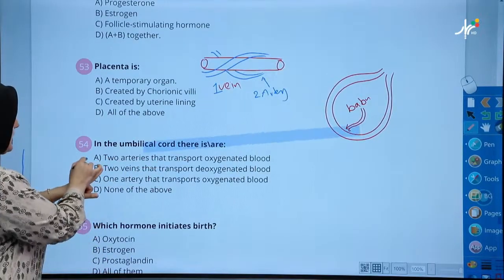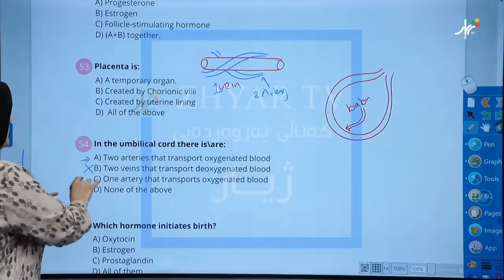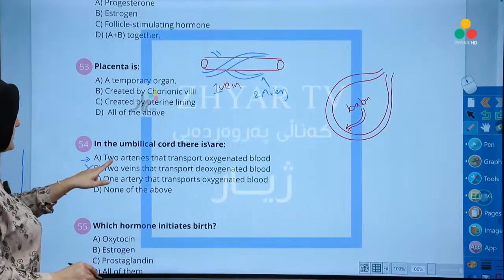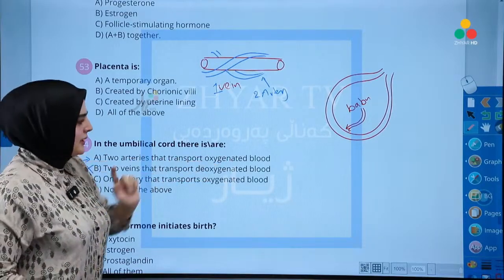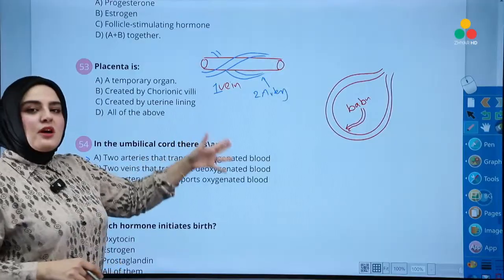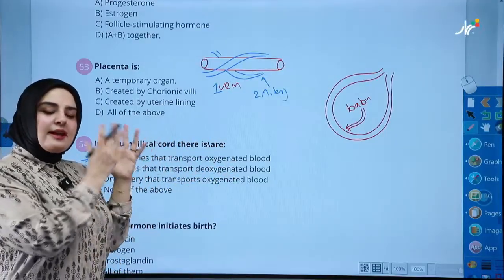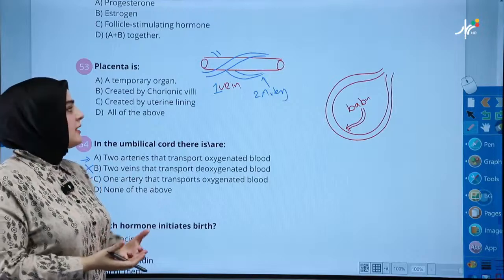2 arteries, okay, I'm gonna keep that one. Two veins, no, we don't have two veins. One artery, we don't have that. Let's check if this is right. Two arteries that transport oxygenated blood. That's incorrect. The umbilical cord artery is just like the pulmonary artery. Both of them have deoxygenated blood in them.